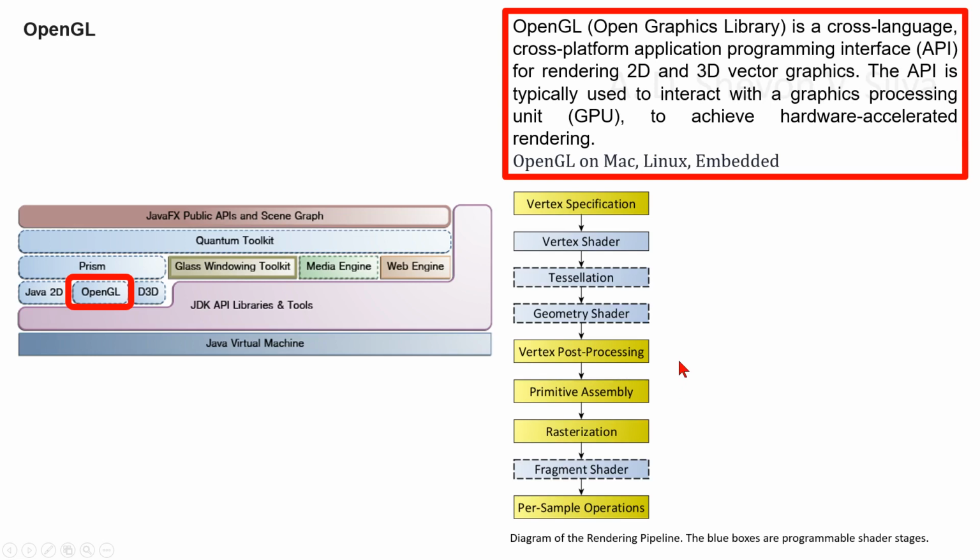Clipping. The primitives are then clipped. Clipped means that primitives that lie on the boundary between the inside of the viewing volume and the outside are split into several primitives such that the entire primitive lies in the volume.